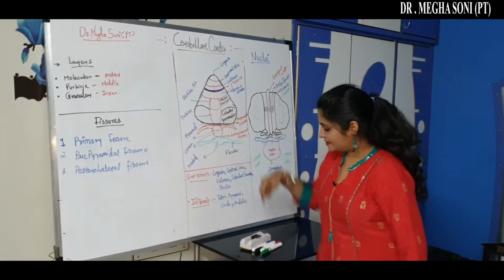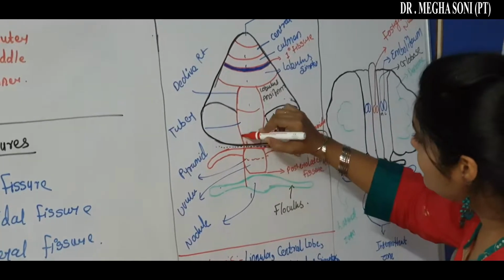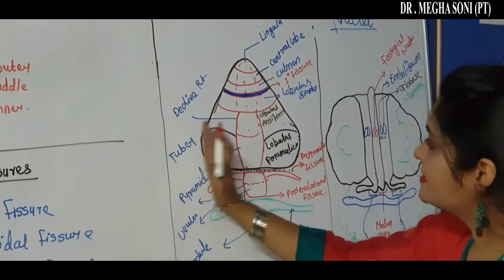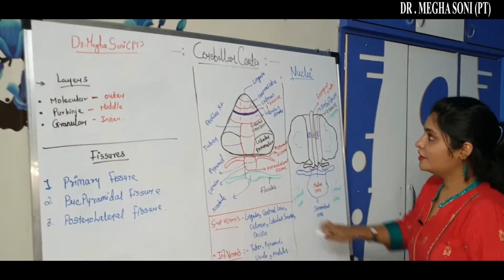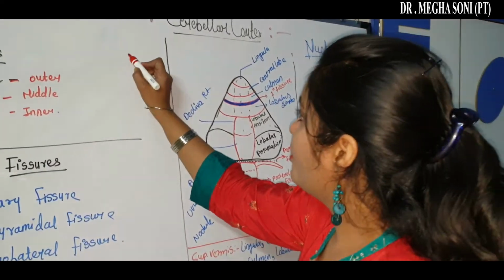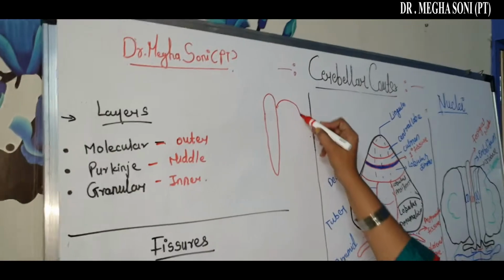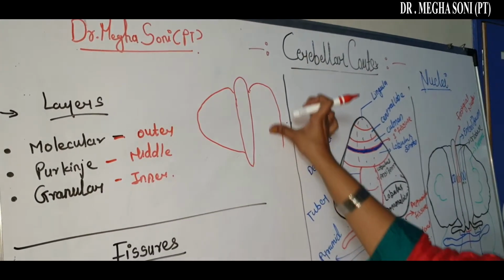So as you can see, this is the central portion, fine, so this is vermis, and this peripheral parts are the parts of cerebellar hemisphere. So if I draw the structure here, so this is vermis and the hemisphere are connected with vermis like this.